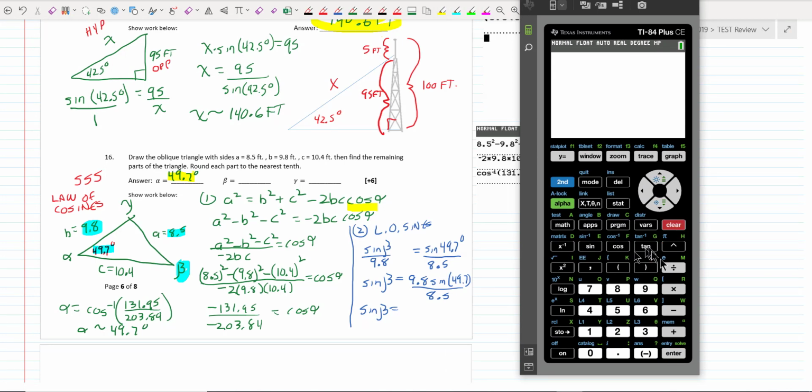So I'm going to have 9.8 sine 49.7 and divide by 8.5. That'll give me a bunch of decimals: 0.8793117213. And then beta is going to be the inverse sine.